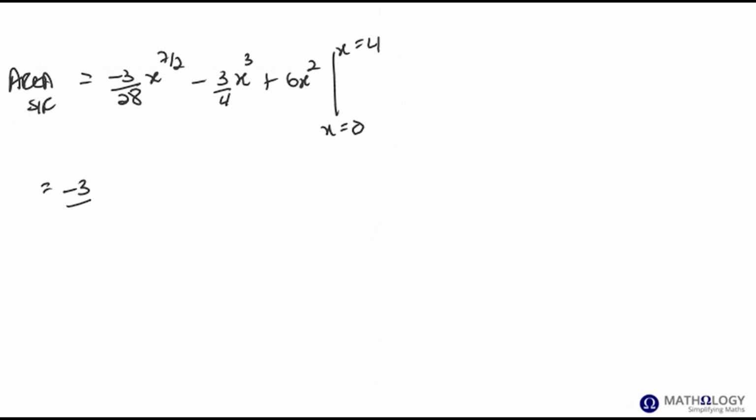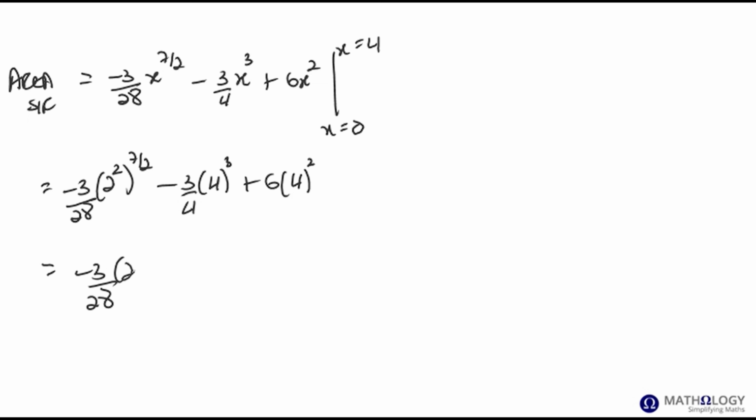It equals minus 3/28 times 4 to the 7/2, minus 3/4 times 4 cubed, plus 6 times 4 squared. When x equals 0, every single one of these terms will be 0. So that's minus 3/28 times 2 to the 7, minus 3/4 times 64, plus 6 times 16 is 96.